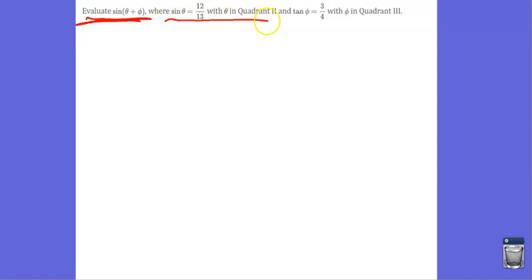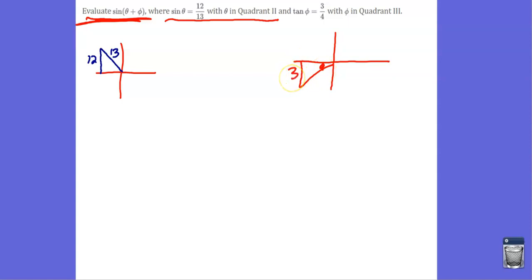So if we talk about sine in quadrant 2, we're talking about a quadrant 2 triangle, and the sine of this is opposite over hypotenuse, so 12/13. That's what that's referring to. And then we draw tangent of theta in quadrant 3. So tangent is opposite over adjacent, so this would be 3 over 4.